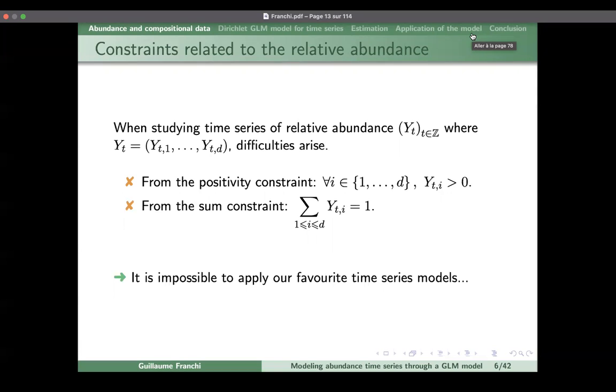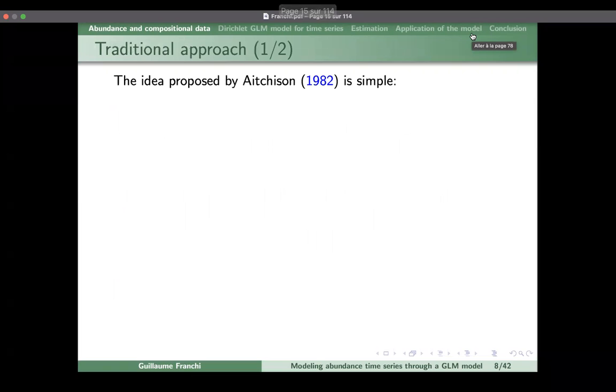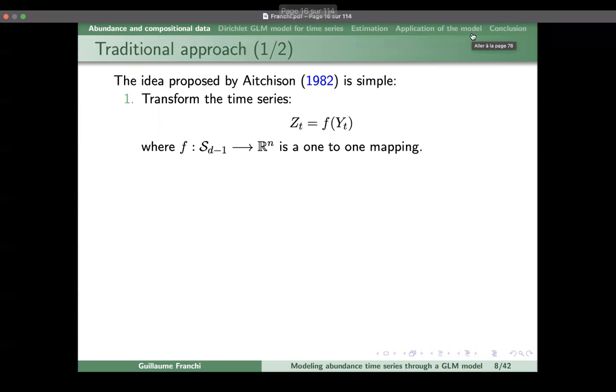So in order to deal with this problem, there is a well-known approach which was proposed by Aitchison in 1982. It is very simple. The idea is to transform your time series with an application F that goes from the simplex into another vector space R^n, and you obtain a new time series Z_t, which is equal to F of Y_t.